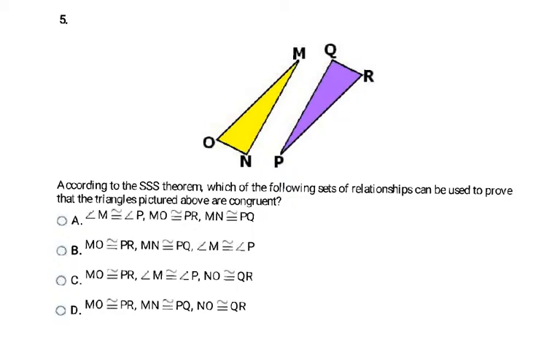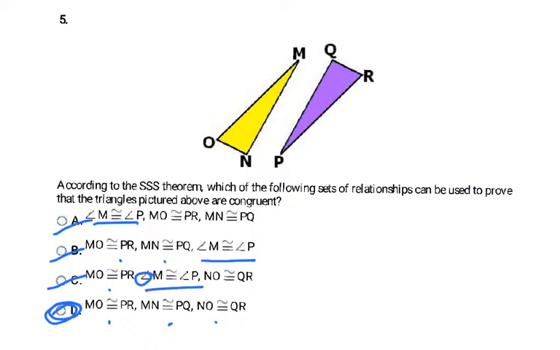Choice A has an angle pair, not three sides, so it can't be A. Choice B, I have a side pair. Oh, there's an angle pair, so it can't be B. I need 3 sides. Choice C, side pair. Oh, this is an angle pair. I know because of this angle symbol, so it can't be C. And D, I have 3 side pairs. So it's going to be D as my answer.